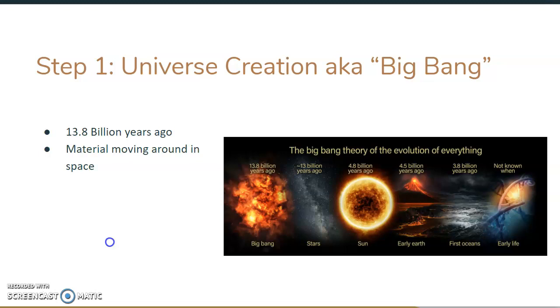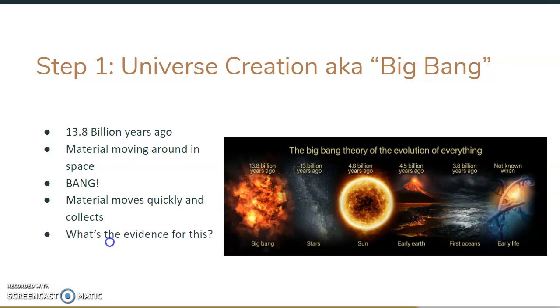Then we have this very large bang, which puts a lot of energy into space. Now these materials are moving quickly, and they start to collide and collect, bump into each other and group together.